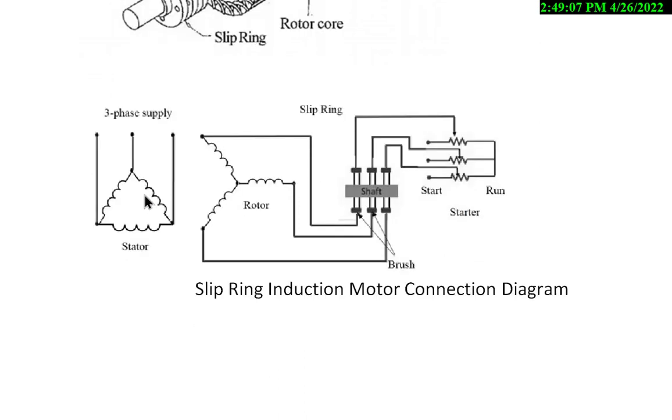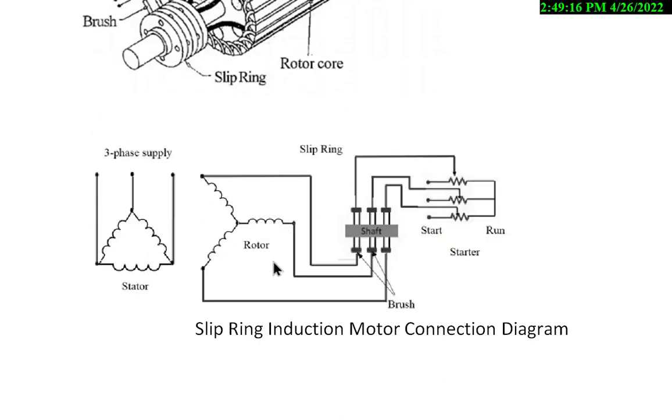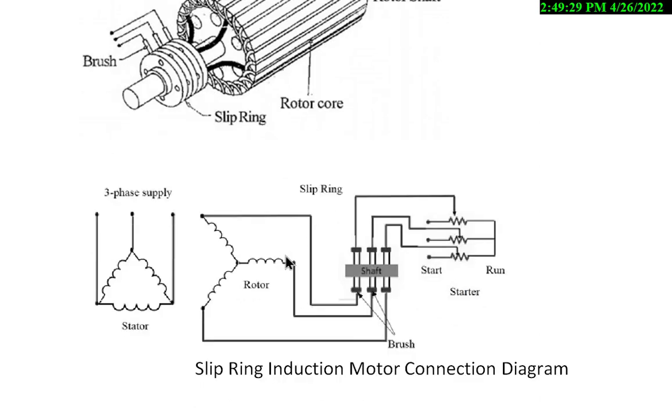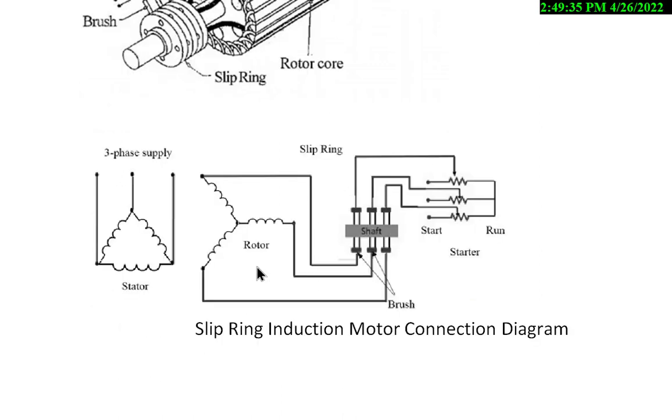Once the three-phase supply is given, a rotating magnetic field is going to be developed, and in this stator a rotor is inserted. This rotor will be inserted inside the stator, which is already shown in the case of the squirrel cage induction motor. The rotor winding and circuit can also be drawn like this.